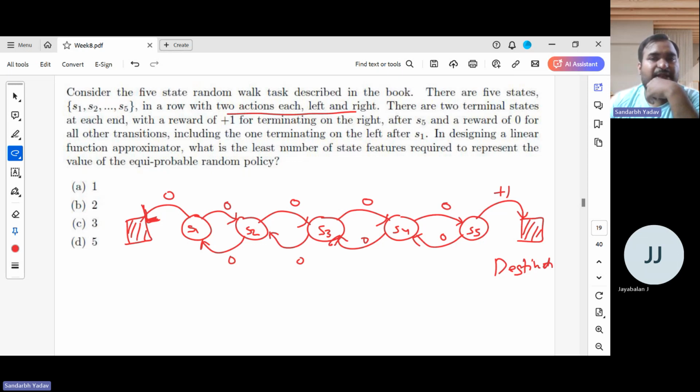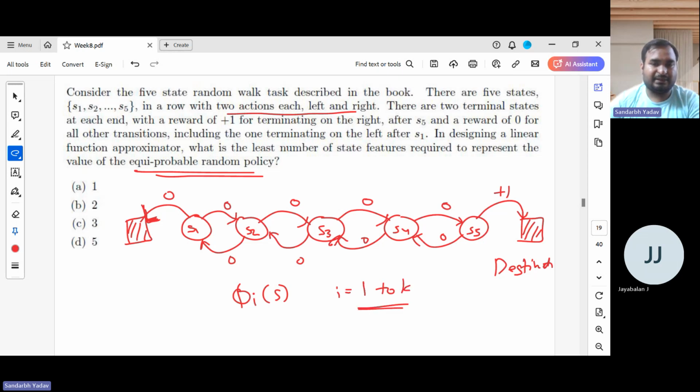Now the question they are asking is in designing a linear function approximator. Suppose we use a linear function approximator, what is the least number of state features required to represent the value of the equiprobable random policy? You remember we had these features phi_i of state, where i equals 1 to k. So basically they are asking what is the least number of features we can use to represent the value of the equiprobable random policy.